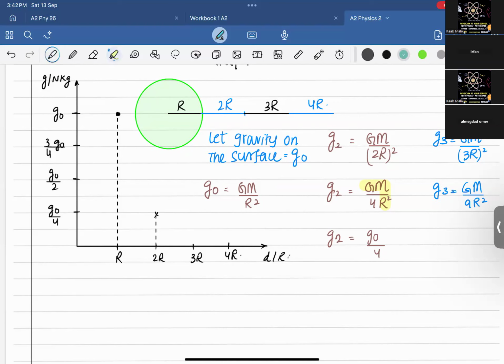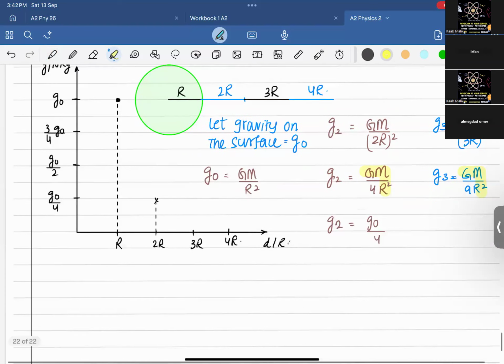Again, if you replace GM over r squared with g naught, G3 is equal to g naught over 9.